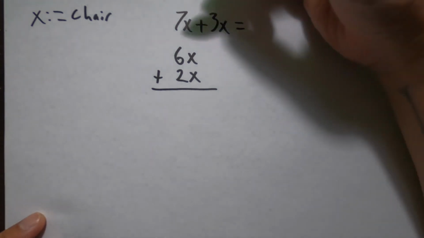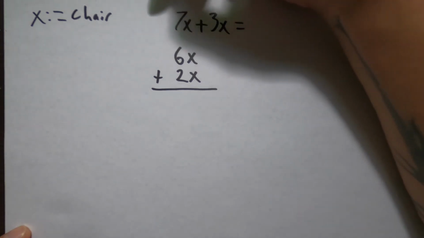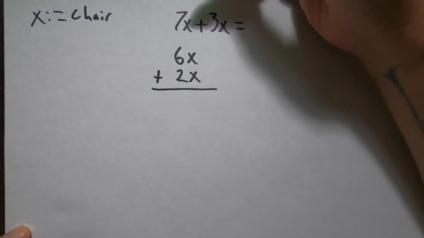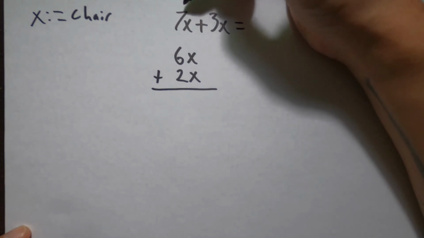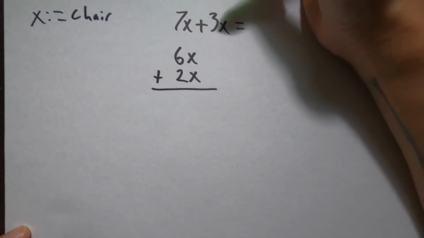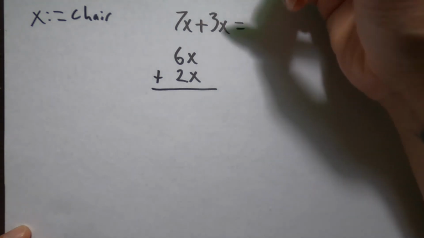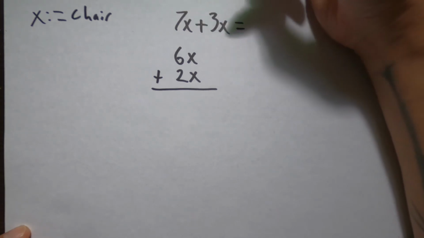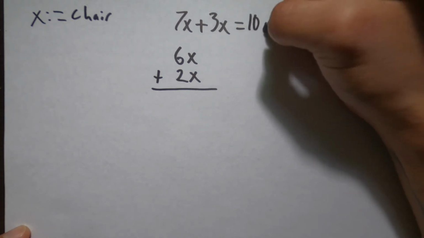So what we can do here is visualize this 1 by 1 by 1 by 1 chairs, or we can just go simply off the symbol, the representation of 7 individual chairs or 3 individual chairs. And if we add these two together, we know 7, 8, 9, 10. That's 10 chairs.